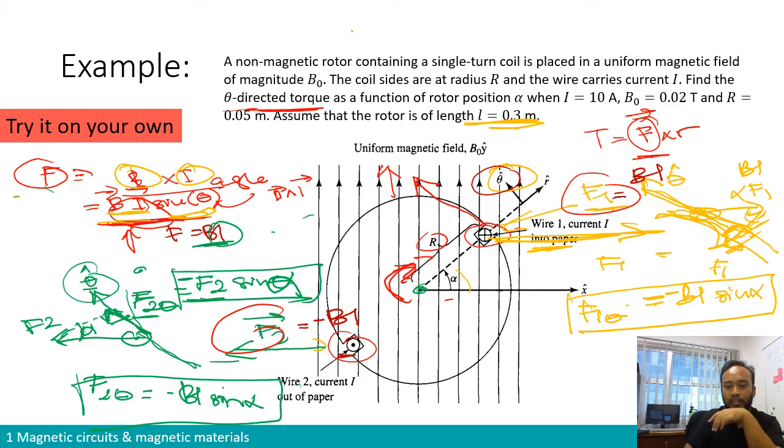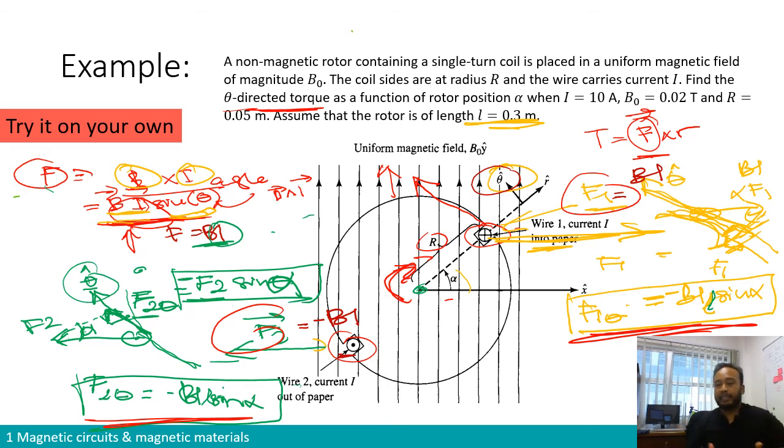So in the equation, we multiply by the length L, so BIL sine alpha for both. We can see that both forces are in the same direction. They are both minus, and the amplitude of them is equal to minus BIL sine alpha, both of them. So this is basically expected.